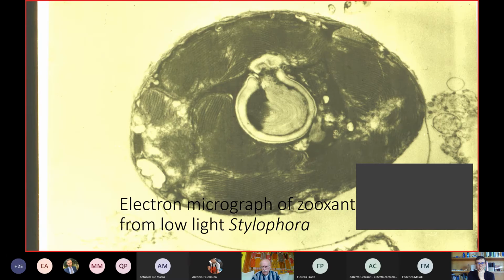And just to give you an idea how a cell of the low light zooxanthella looks, it's all packed. You understand it's a cross section, so it's all packed with these photosynthetic pigments, and of course they carry the high amount of chlorophyll needed.